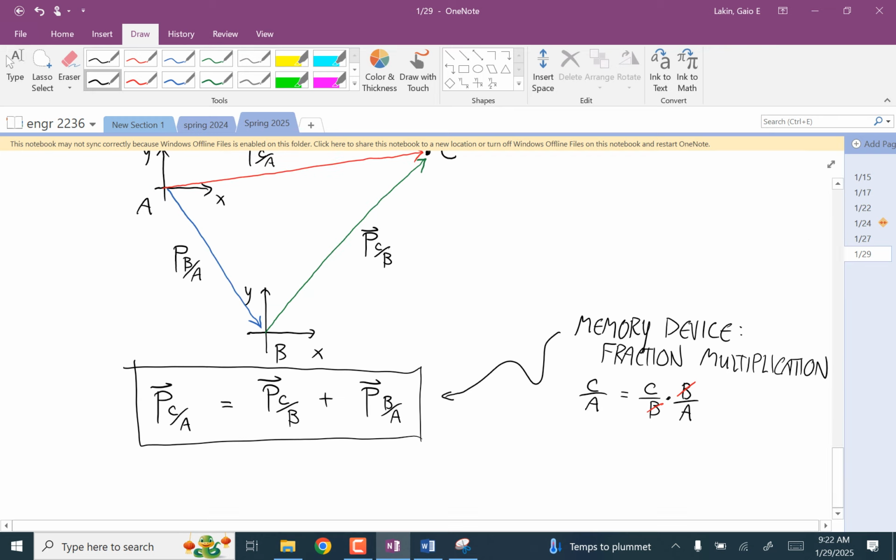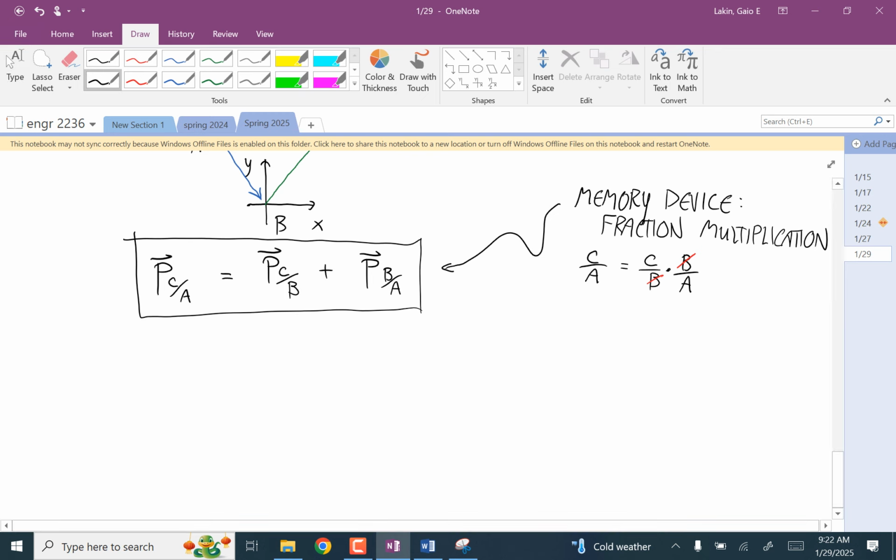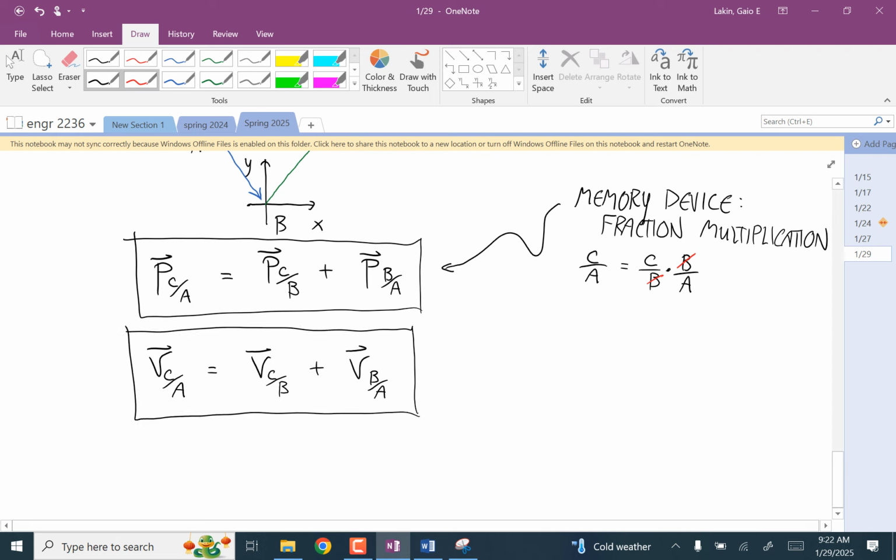And so now that we have this, to come up with the relative motion equations for velocity and acceleration, all we have to do is take time derivatives of everything. So the velocity of C relative to A is equal to the velocity of C relative to B plus the velocity of B relative to A. And the memory device has to hold for this too.